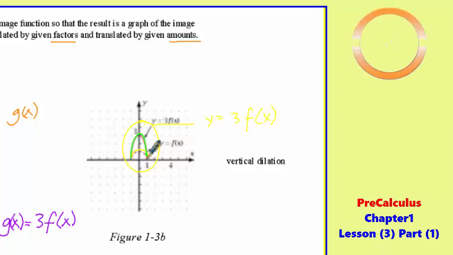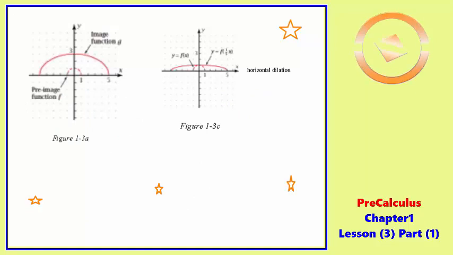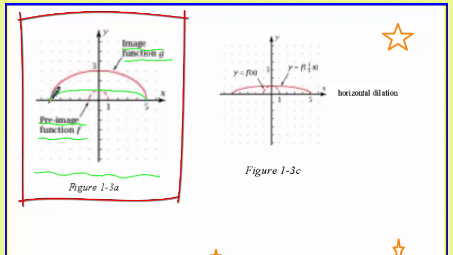Now we have the horizontal dilation. We're going to get the horizontal dilation because, as you can see, the original pre-image function f and the image function g are apparently dilated in both the vertical and the horizontal direction. If you notice, the original function is stretched in both directions of the x-axis.